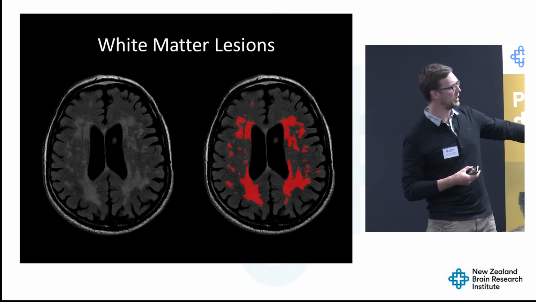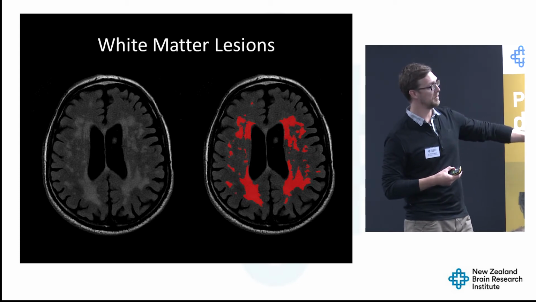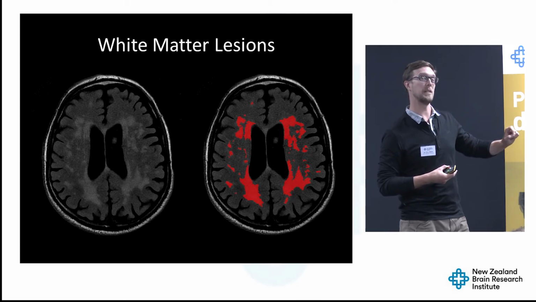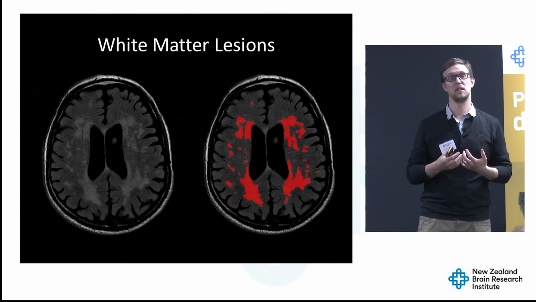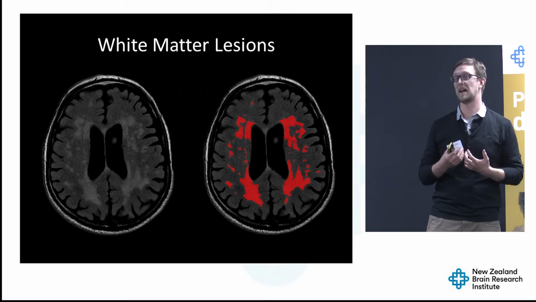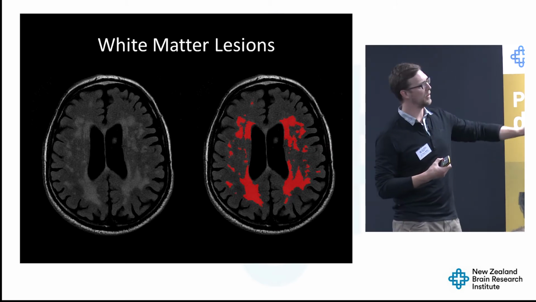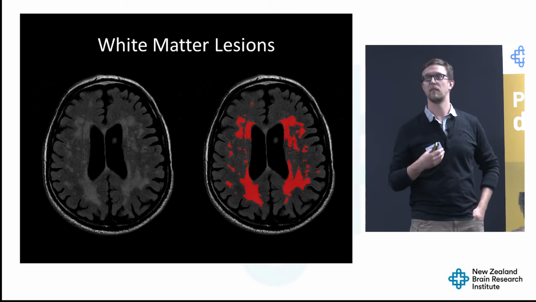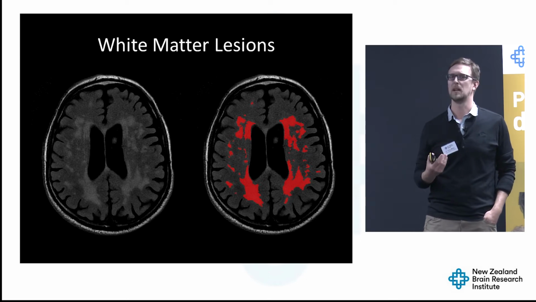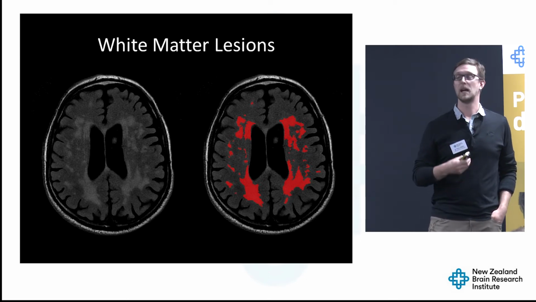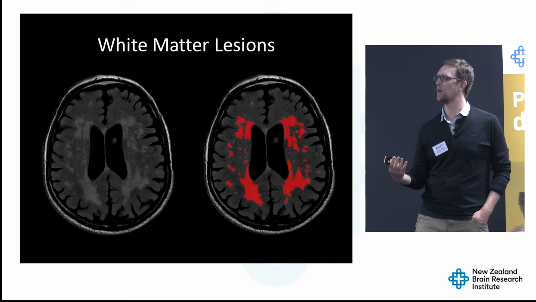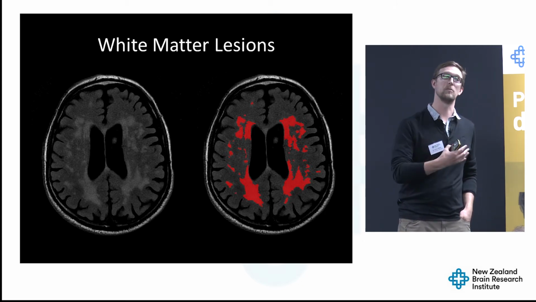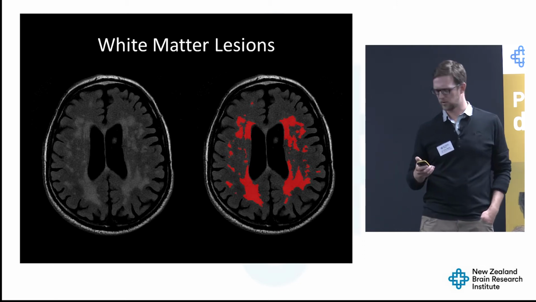So if you look over here, hopefully you can see on the left some slightly lighter or whiter areas, which we interpret to be lesions in the brain as a consequence probably of vascular origin. And over on the right there in red, we have automated methods to actually identify where those lesions are occurring. And we can use that type of information to look at aging or to look at disease progression and see how these lesions within the brain relate to disease progression.